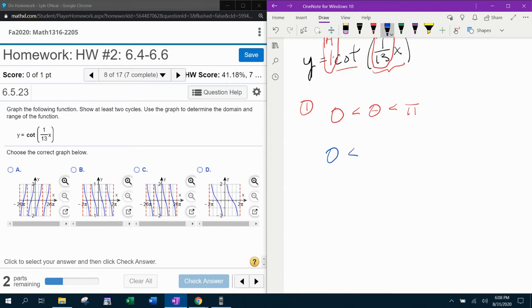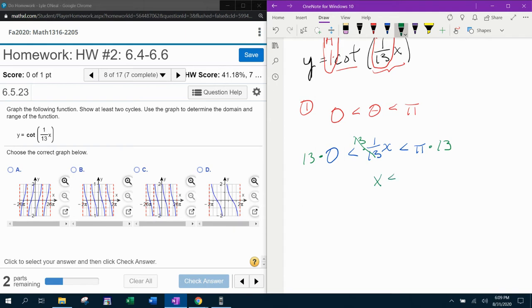So we're going to have to plug in for theta and then solve for x to find 2 consecutive asymptotes. And we're going to solve for x by multiplying by 13. To get rid of the fraction 1/13, you would need to multiply by 13. 13 times 1/13 would be 13 over 13, which is 1, which gets x by itself.